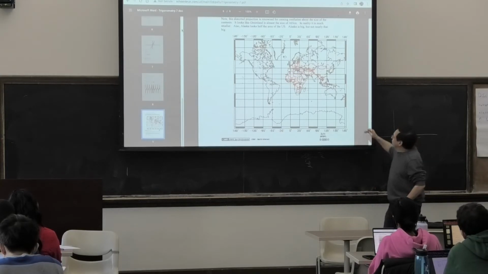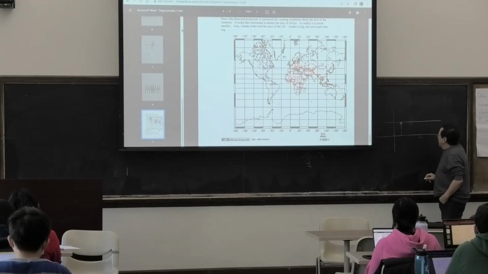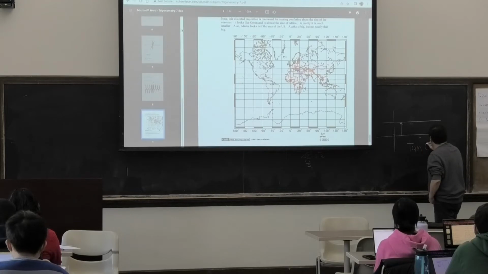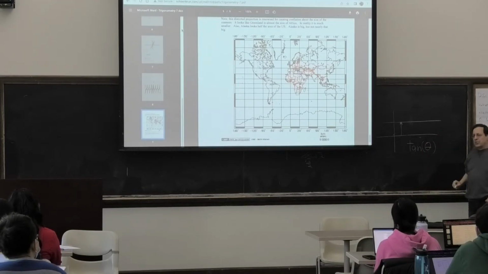How do I know what my y is going to be for some latitude on this graph? And the answer is, it's the tangent of theta. Okay? So that's the first question.